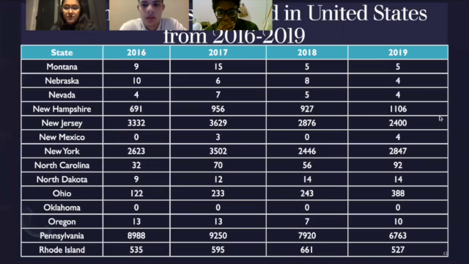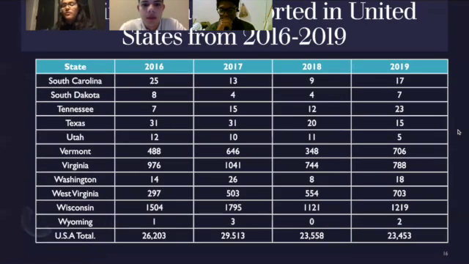So we start to see that mostly up north, on the upper right side of the United States, with a different, more forested climate, there are definitely a lot of confirmed cases of ticks, especially in the summer.